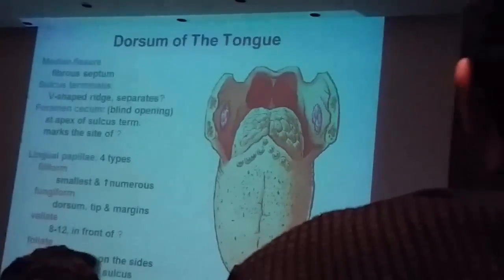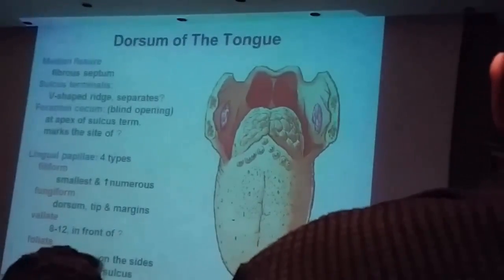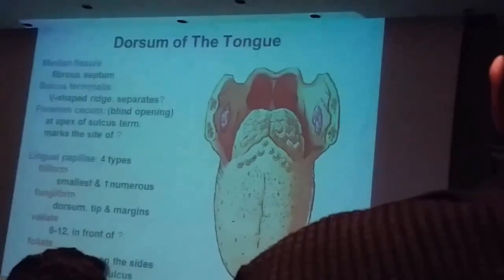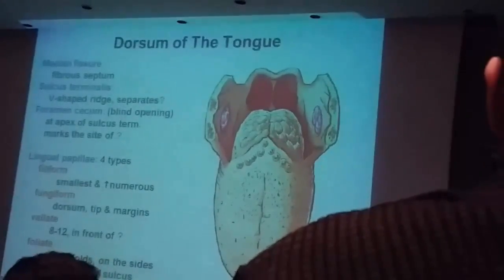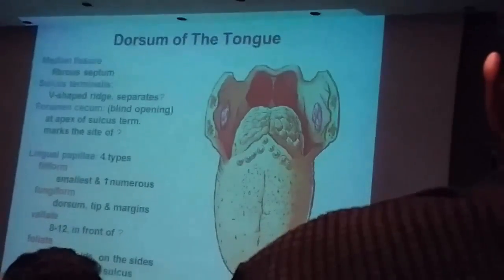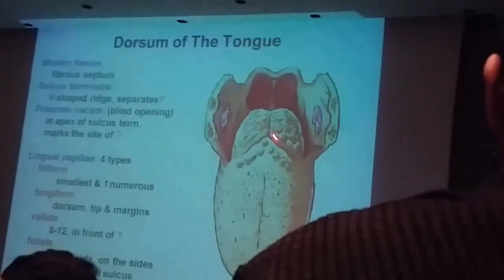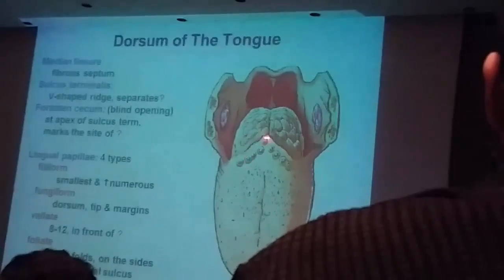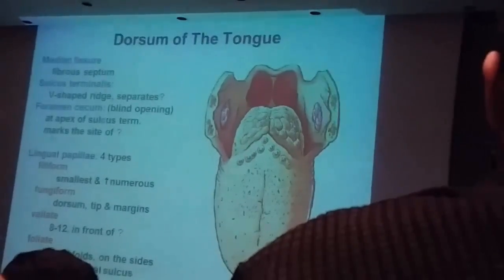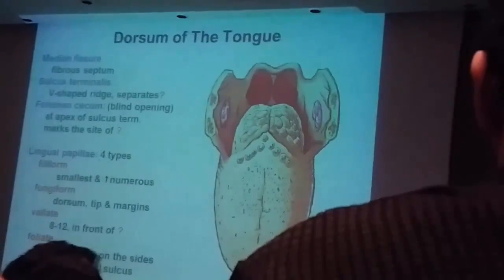And because they have different embryological origins, you would expect that they have different physiological functions. We will speak about that. So it's an inverted V-shaped sulcus. We call it the sulcus terminalis. It separates the oral from the pharyngeal part.